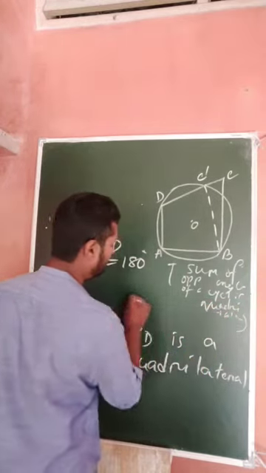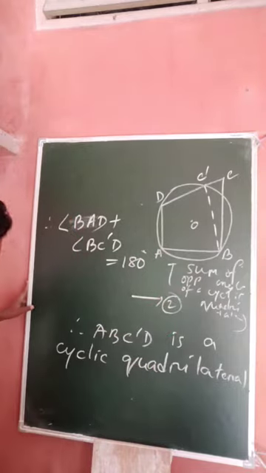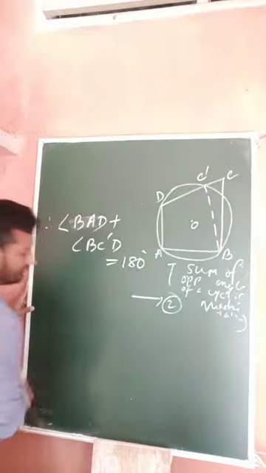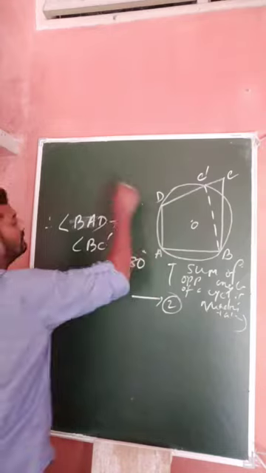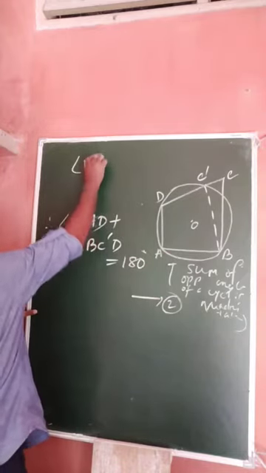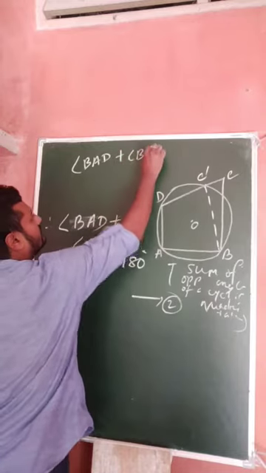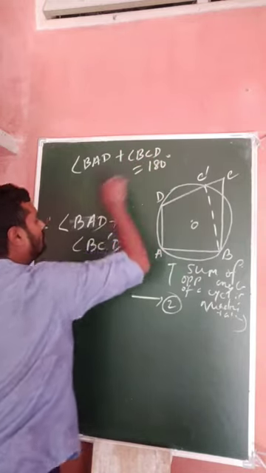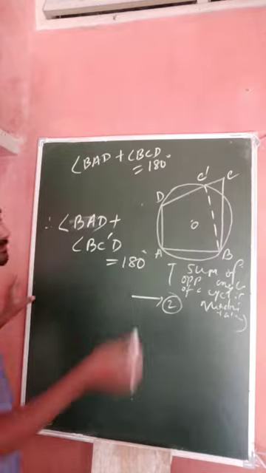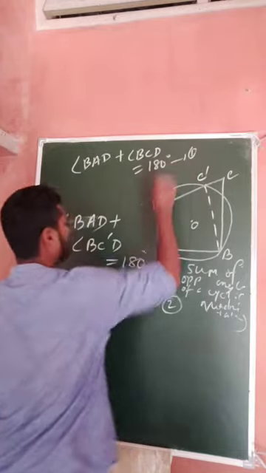Give this number 2. Number 1 is what is given: angle BAD plus angle BCD equal to 180 degrees. Just give number 1 to that point.